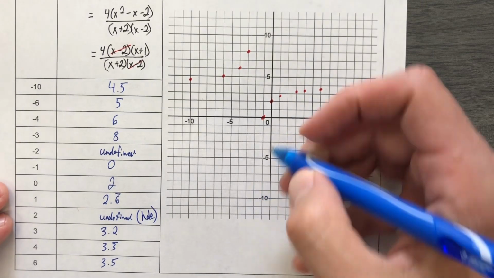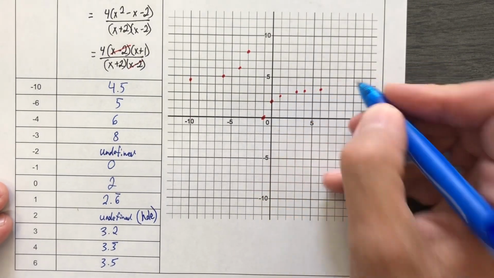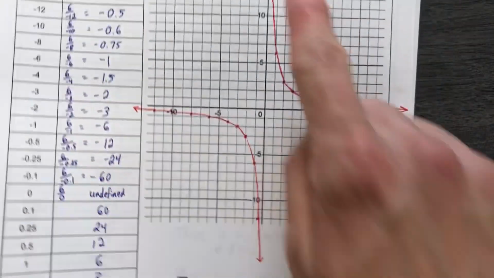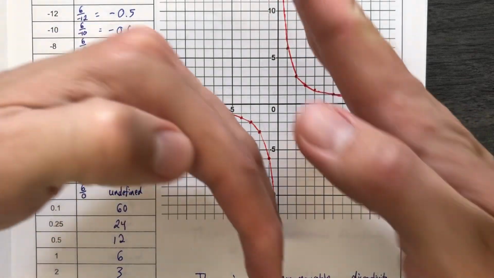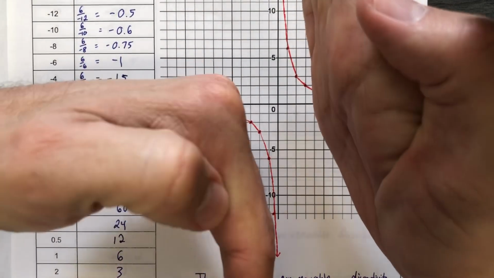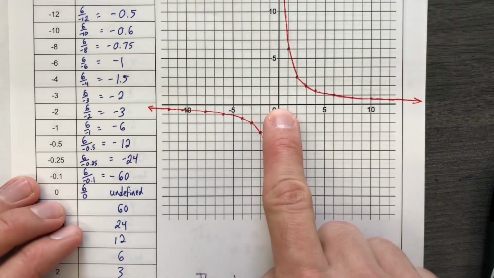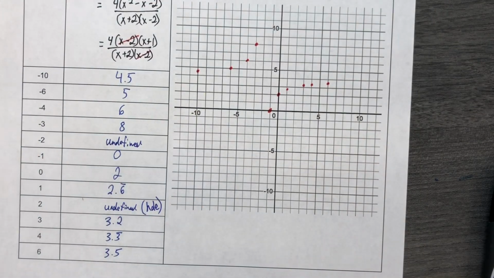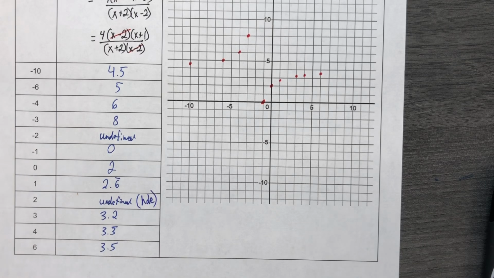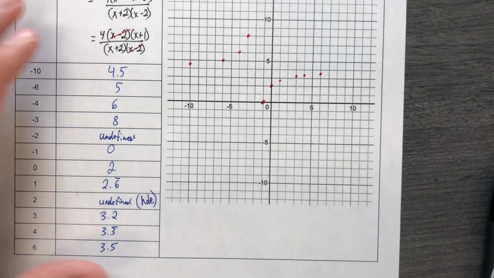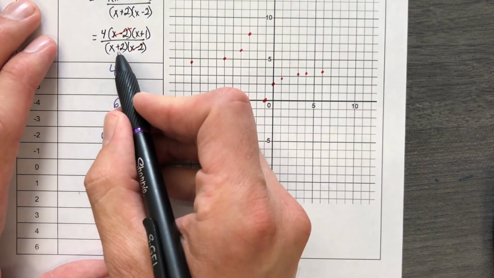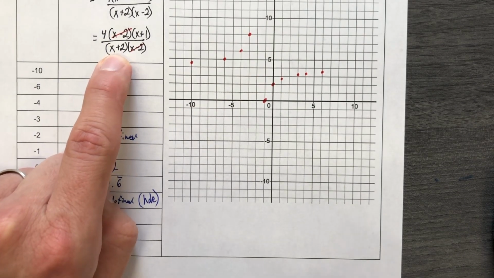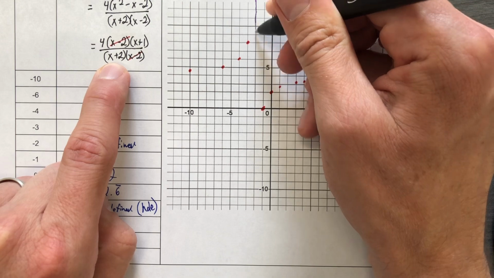And so when I connect these dots, I'm going to be like, oh, look at that. Oh, there we go. Now, when we graphed this, we had a vertical asymptote, never crossed the y-axis. Vertical asymptote at x equals 0, which is the y-axis. In this situation, and I'm going to do this in purple, we're going to have a situation where we never cross the line x equals -2. Right here.